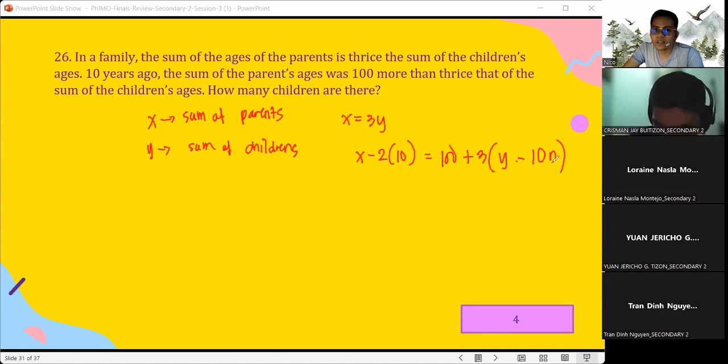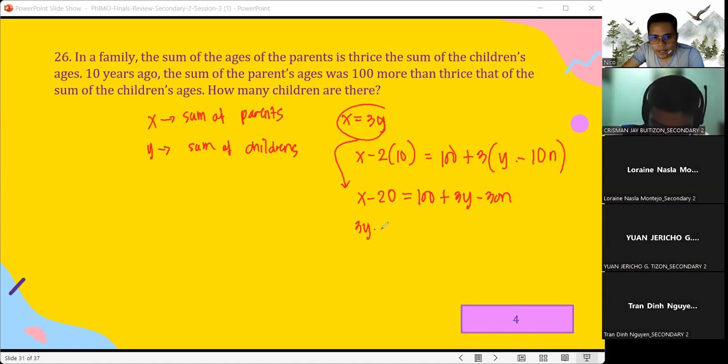If there are two children, this is 10 times 2, which is minus 20. If there are three, that would be 10 times 3, so minus 30. So this is x minus 20 equals 100 plus 3y minus 30n. We all know that the x value is 3y.